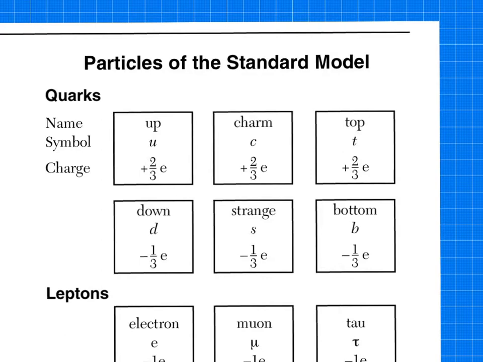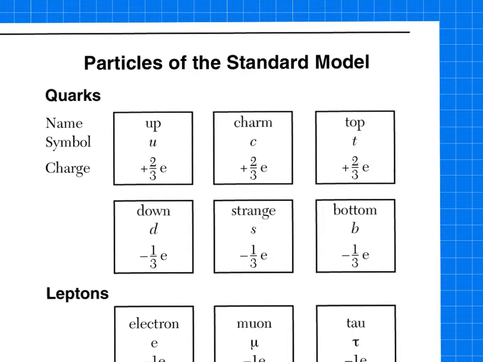So for instance, you can see that the up quark, which is represented with a U, is +2/3 of an elementary charge. The charm, which is represented with a C, is plus 2/3 of an elementary charge.